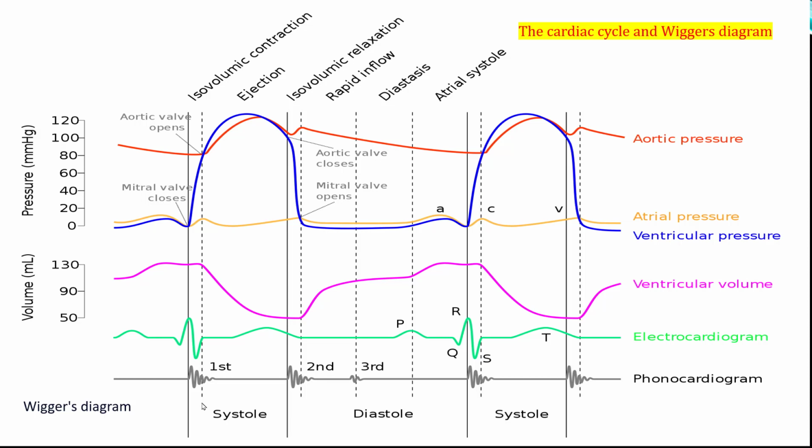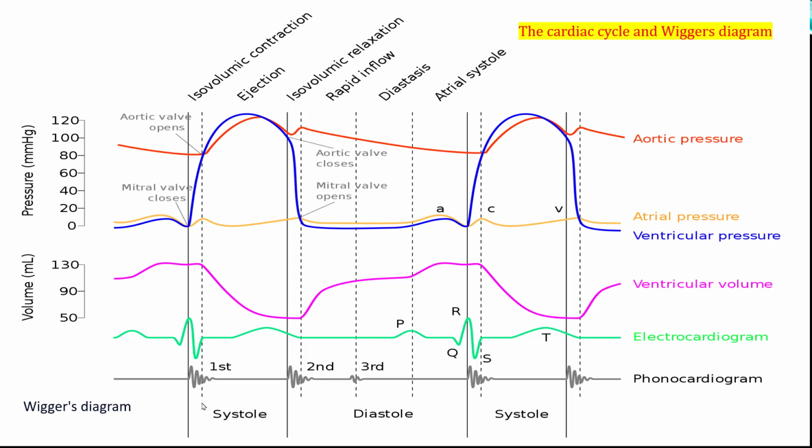Each curve in the graph in the downward direction shows relaxation of the chamber, and repolarization of the muscle. If these points are clear, then the rest of the graph is easy to understand.